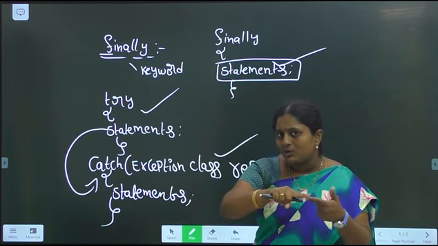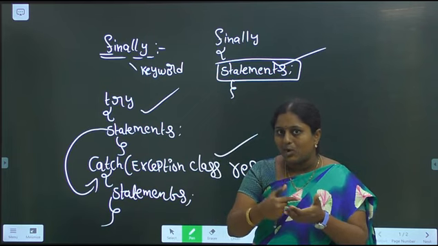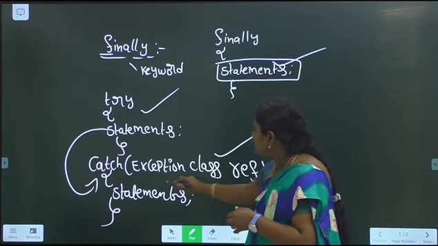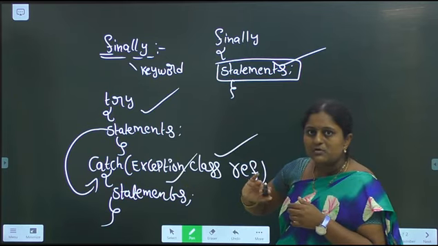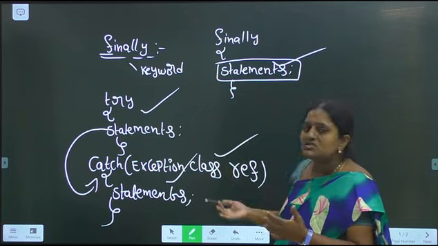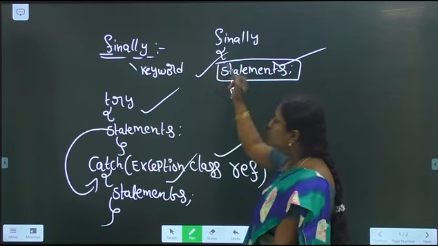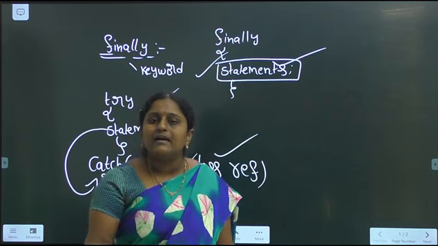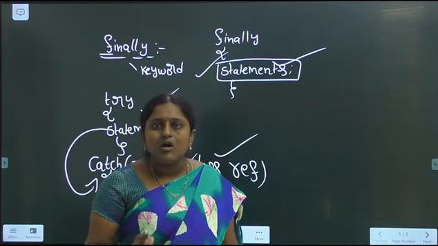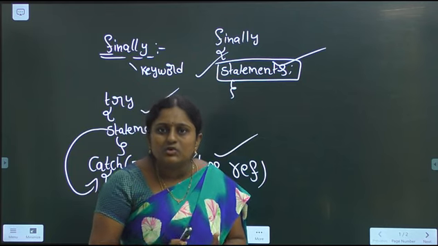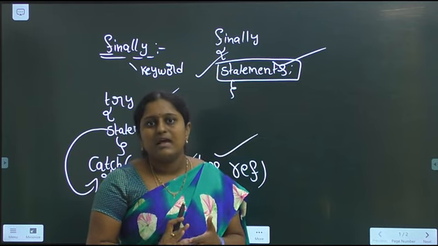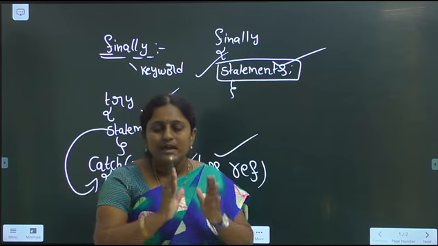If an exception occurs, the catch block is executed. And the finally block is executed if an exception may or may not occur in the try block. The finally block is always executed irrespective of the exceptions.